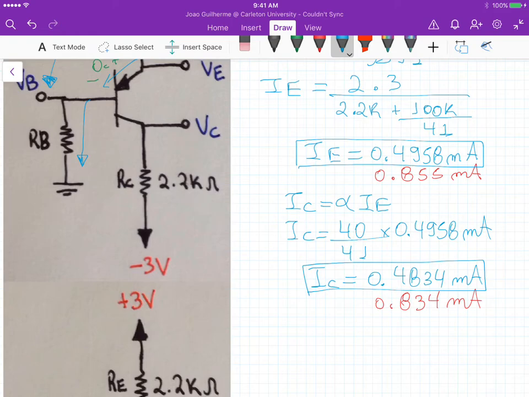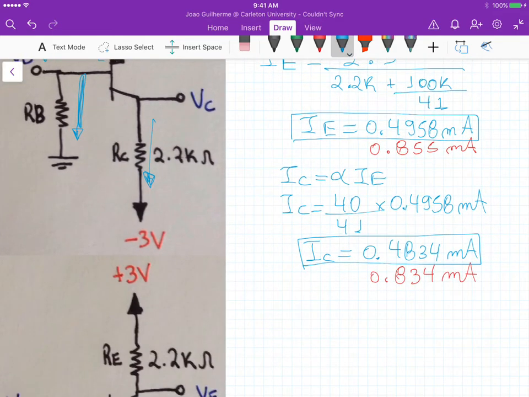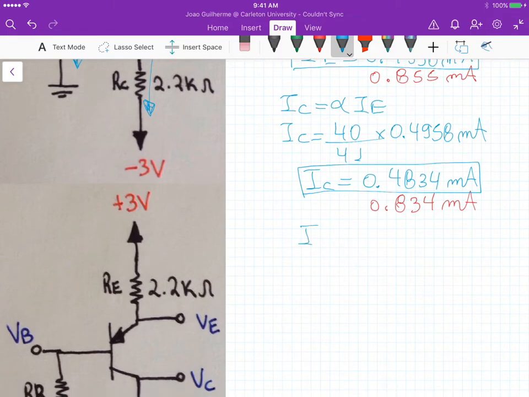And the last current: we calculated the collector current here, we calculated the emitter current up there, right? This one here. Now we need to define this base current here. And this base current we can calculate using either the difference between IE and IC, so it's IE minus IC, or it's just IC divided by the common emitter current gain beta.